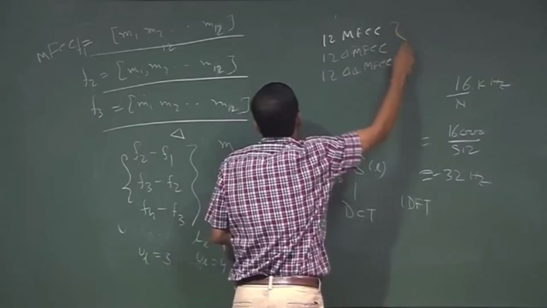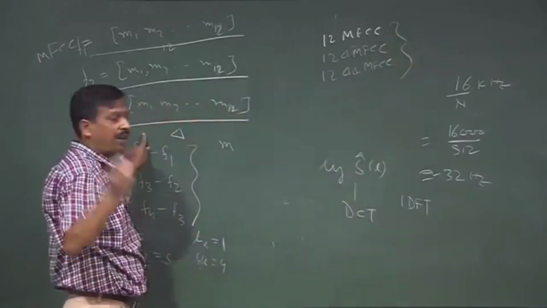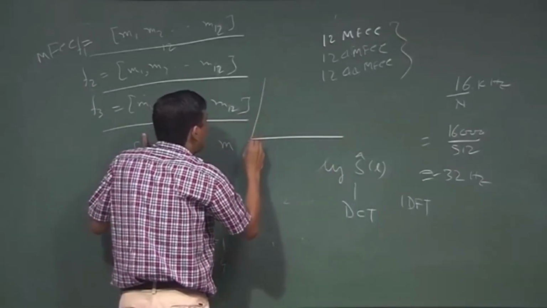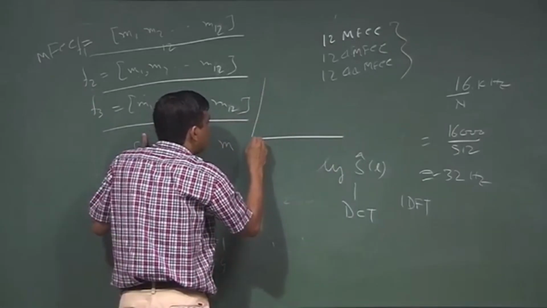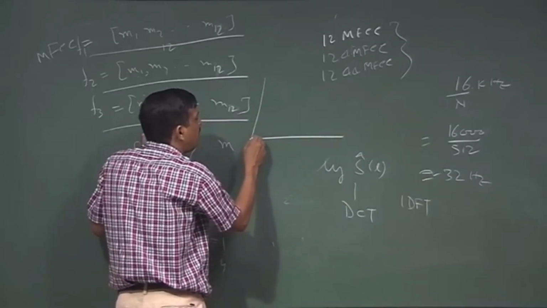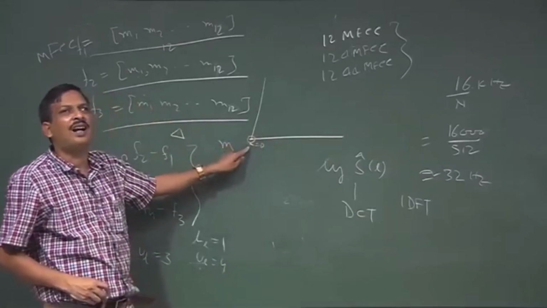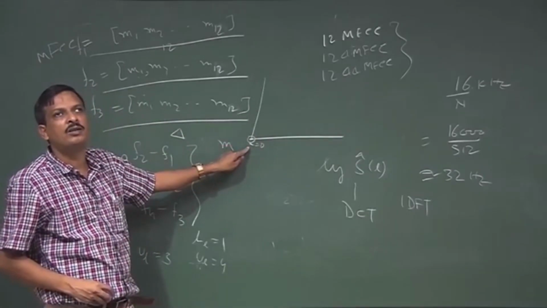Now, if you remember the last discussion, when I put the first filter, I multiply the k0th coefficient of the spectrum with the weight function, which is 0. So, I have not taken the energy of the signal.